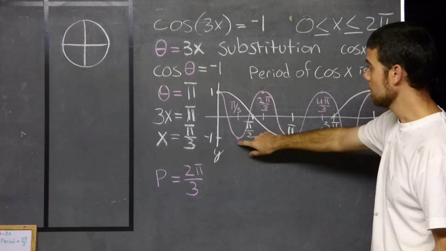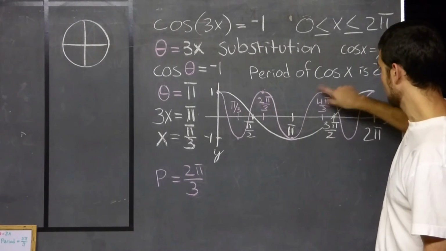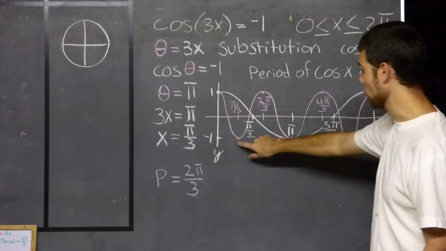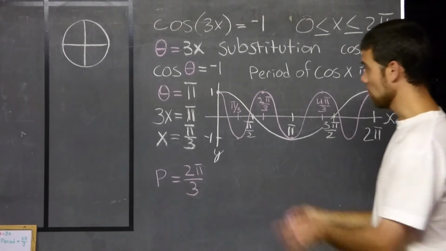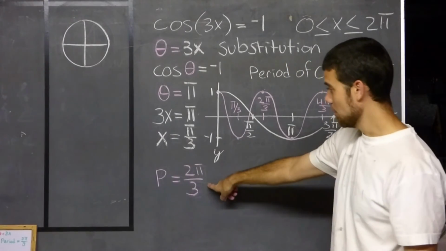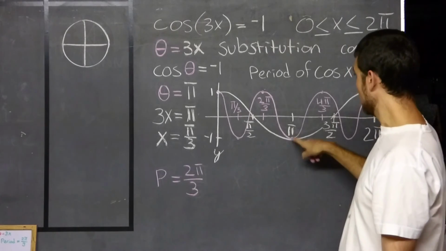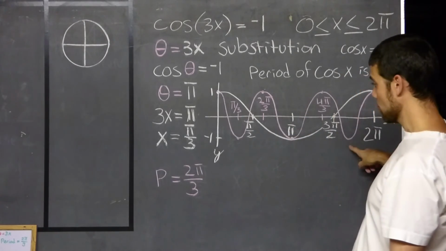We're going to hit that value of -1 again. Once, twice more. So we have 1, 2, 3. So if we take our original solution and we add our period to it, we'll get to another solution. And if we add a period to that, we'll get to a third solution.